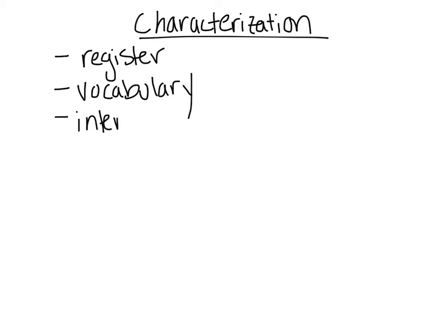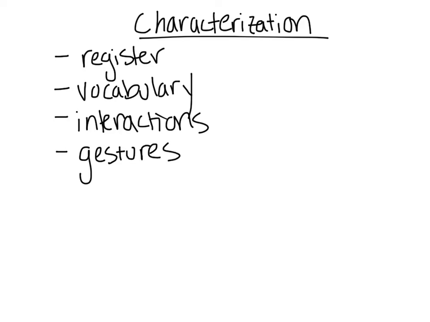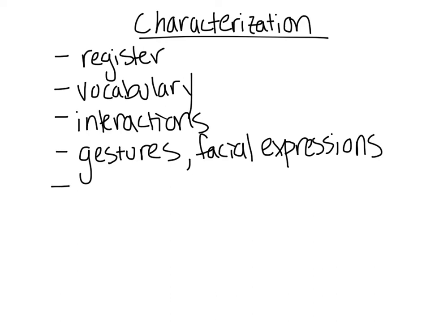Their interactions with the other characters that they are involved with in the play or in the novel. Particularly in a play or a movie, you have the ability to use the gestures, even facial expressions, to express and get to know the character more.